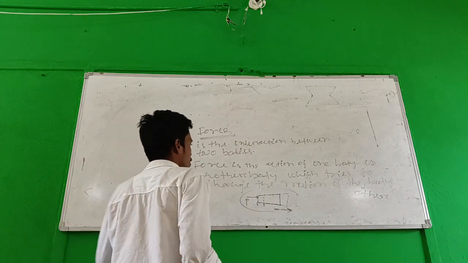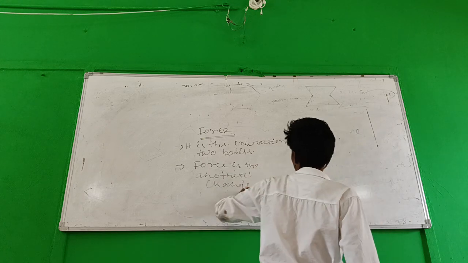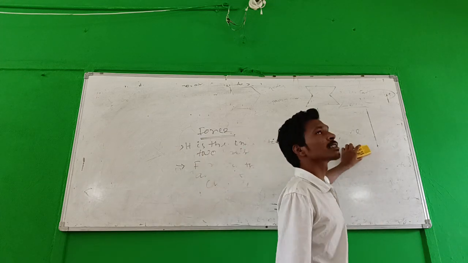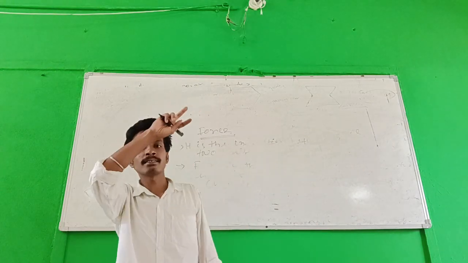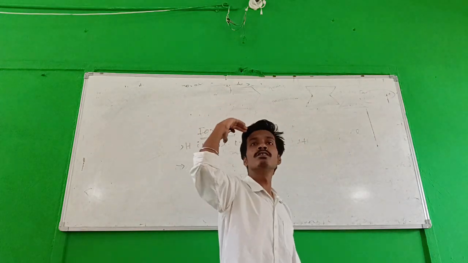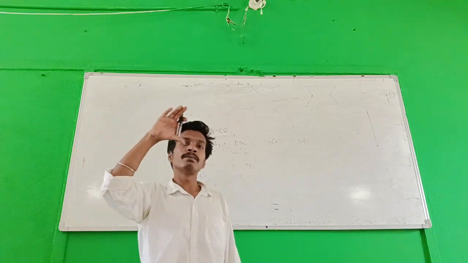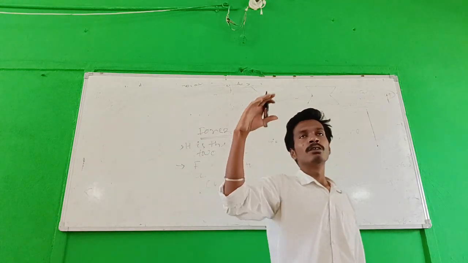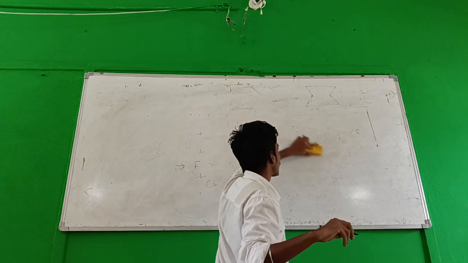I am giving another example. If you are sitting in a room, there is a roof and there is a beam. On the beam there is a roof. So let us draw a free body diagram of that.